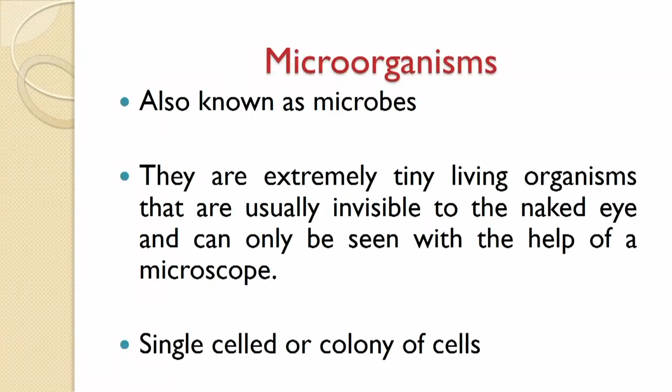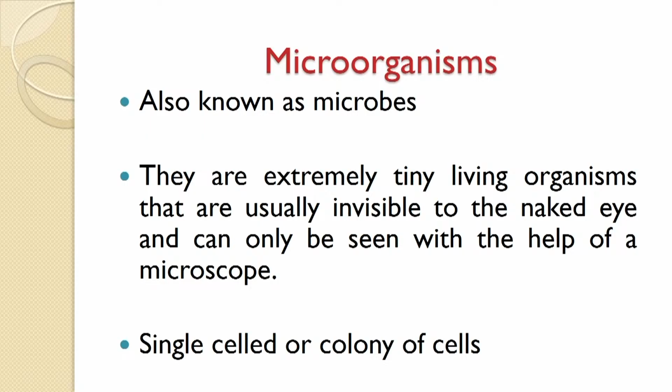Next, let's learn about microorganisms. Microorganisms are also known as microbes, and we have already understood that they are extremely tiny living organisms that are usually not visible to the naked eye and can only be seen with the help of a microscope.